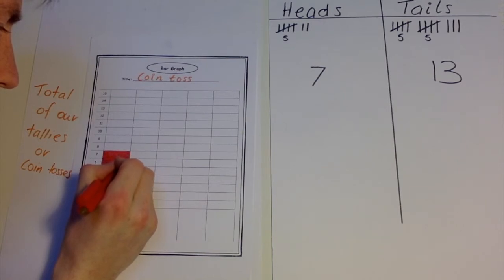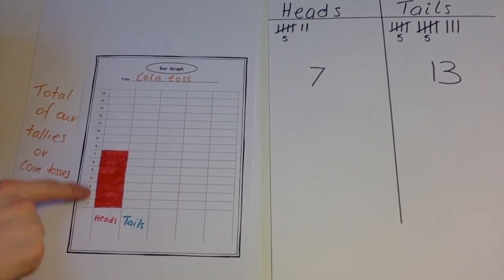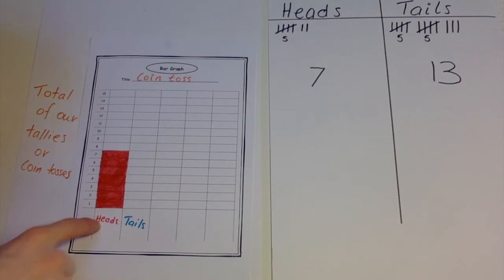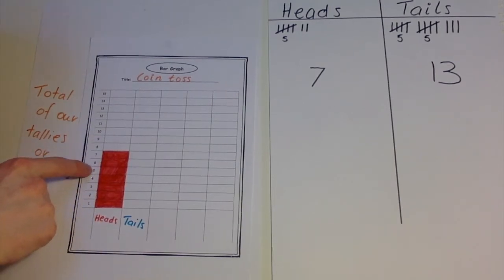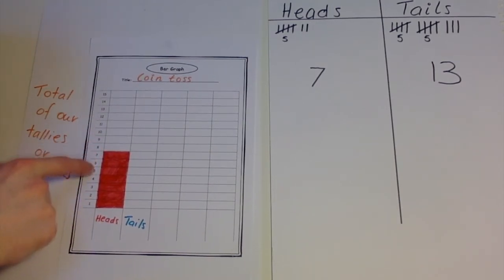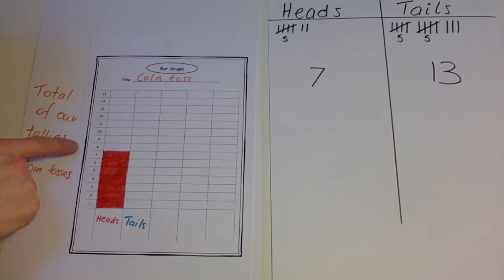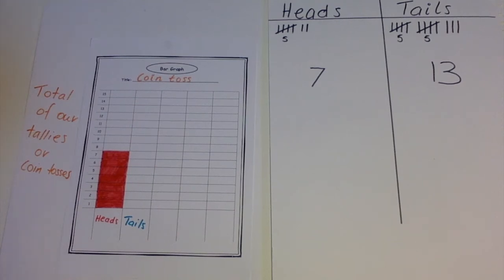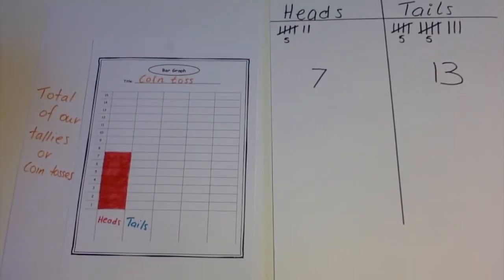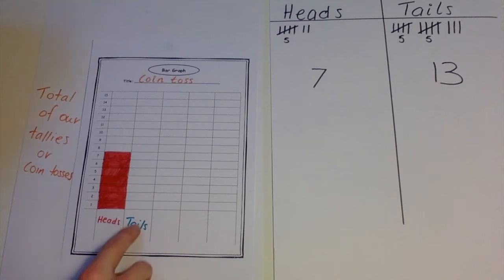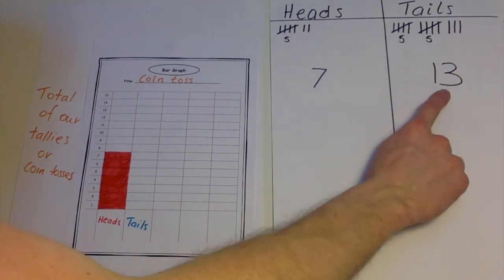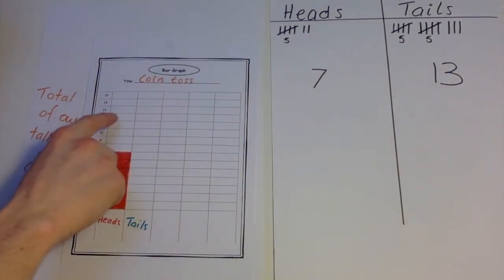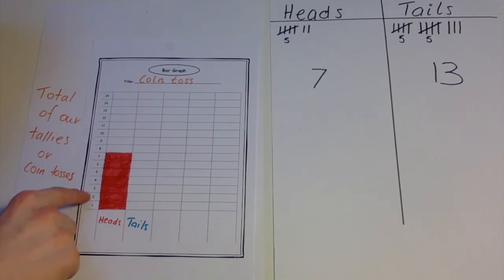So the number of times I tossed and got heads was 7, so I've got 7 little bars in there. Now that I've coloured in all the 7, my total, I need to colour in all the tails. So again, my little trick is, I have a look at my total, and then I go up and count to 13.